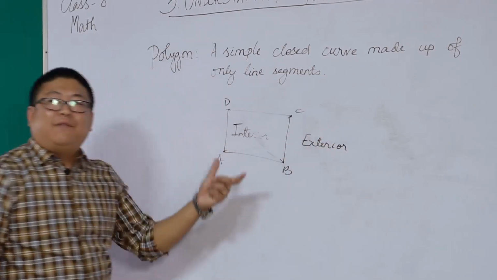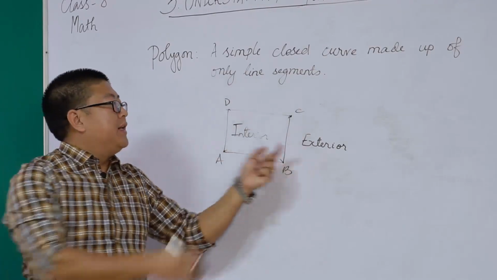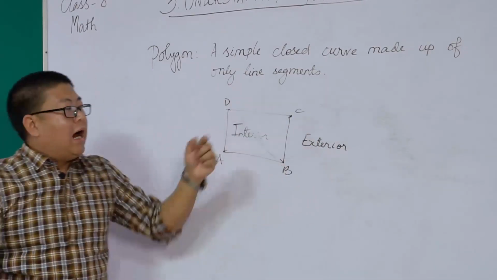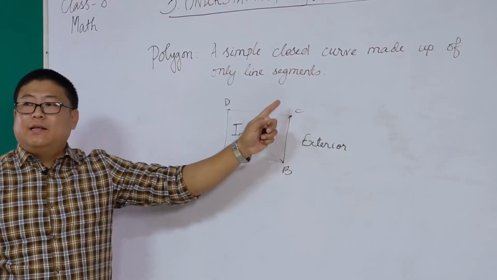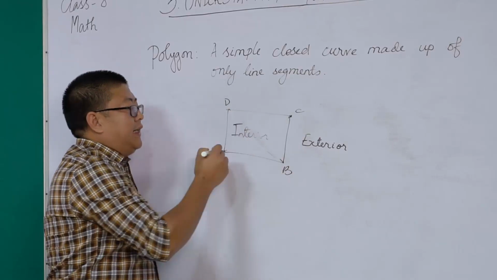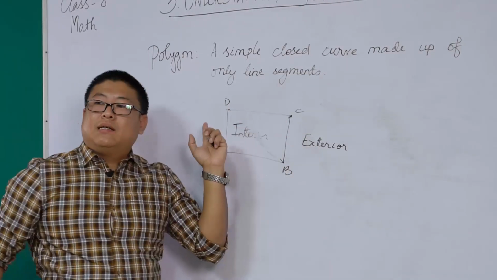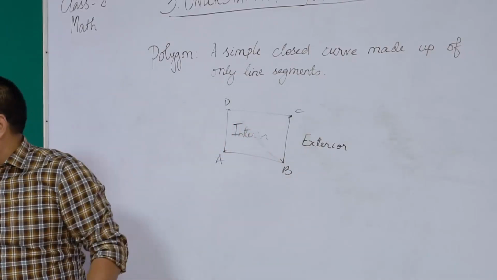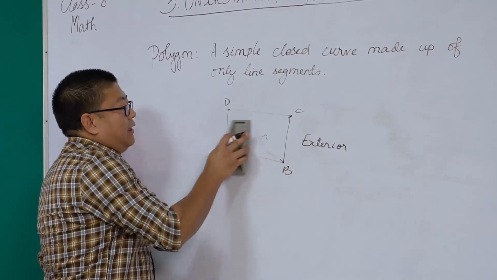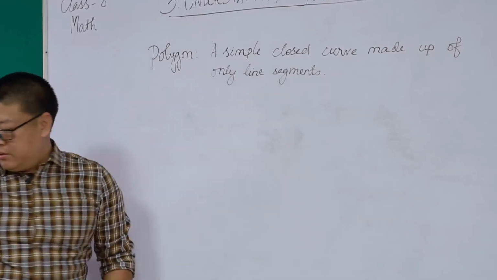The word itself says interior means inside, exterior means outside of the polygon, outside of these lines. Now, interior has a boundary, A, B, C, D, a boundary. Exterior is limitless. It has no boundaries, all right? Now, the next characteristic of a polygon.